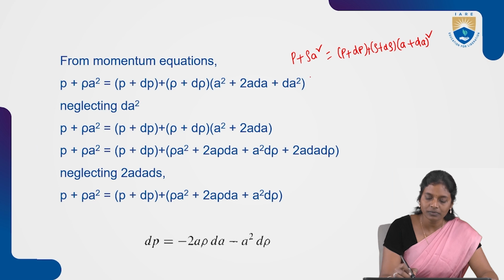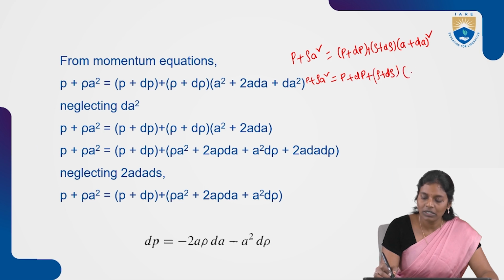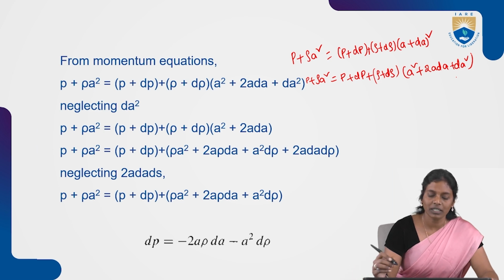P plus rho A square equals P plus dP plus rho plus d rho into A square plus 2A dA plus dA square. Now dA square is a smaller one, so we can neglect it.